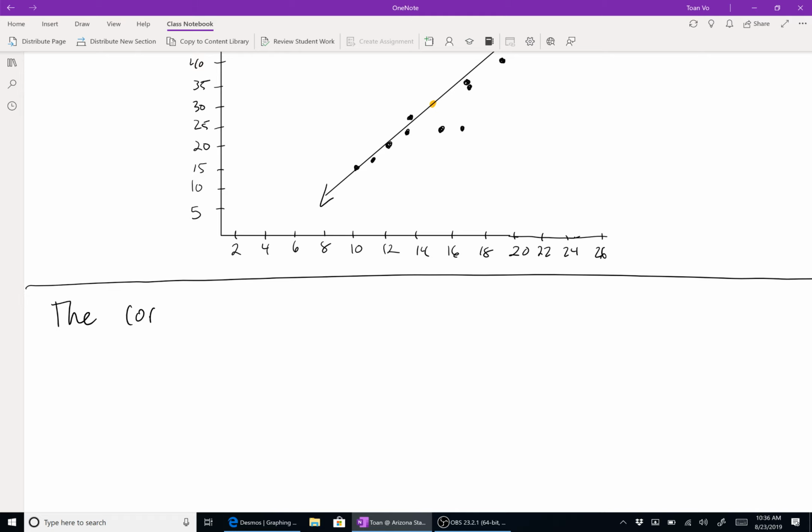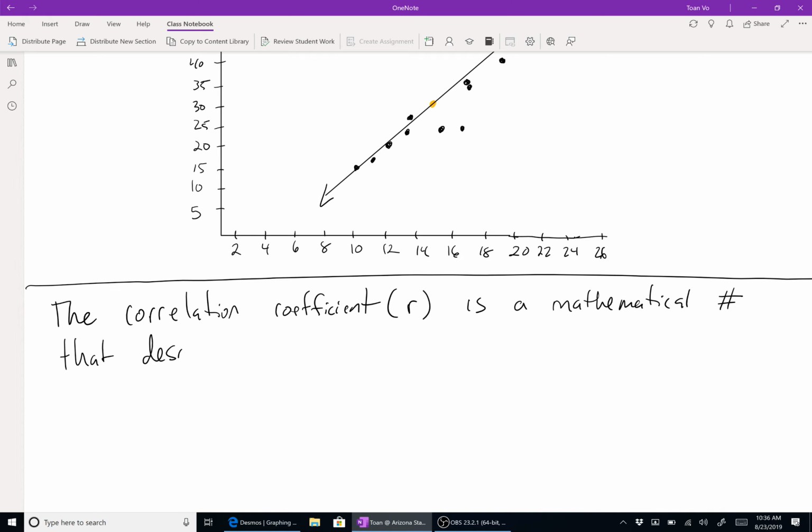So the correlation coefficient, which uses the variable R, is a mathematical number that describes how close your data points are to the line of best fit.